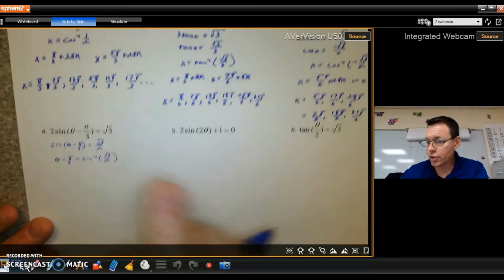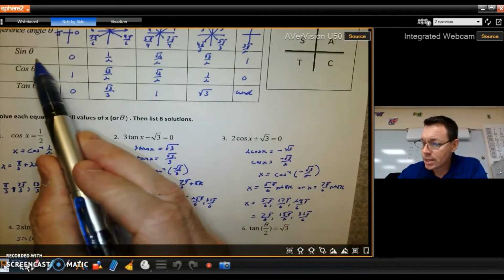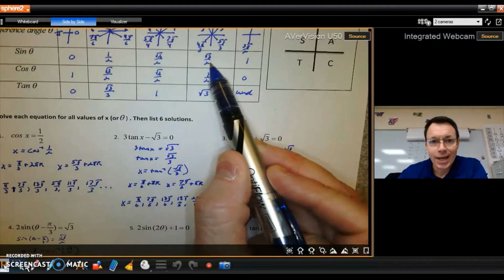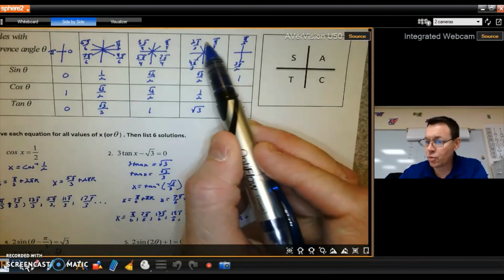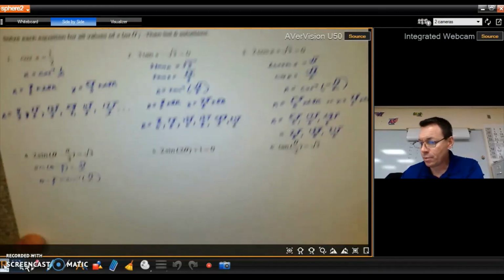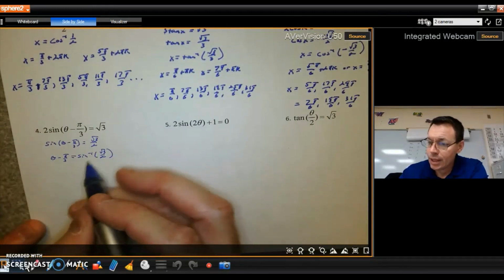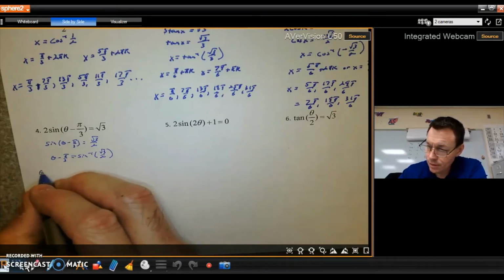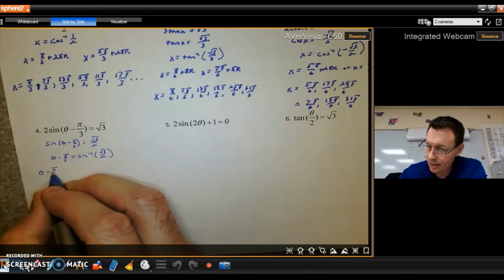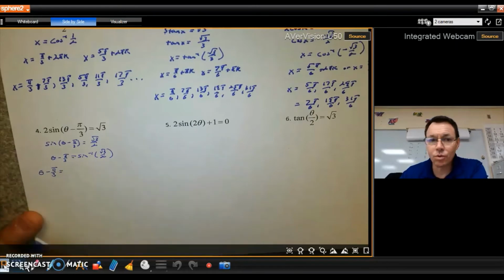So again, if you look at your chart, so sine, here's radical 3 over 2, and it was a positive radical 3 over 2. So we need the angles in quadrants 1 and 2, so pi over 3 and 2 pi over 3. Now, what we have on the left, this theta minus pi over 3, could equal both of those angles.